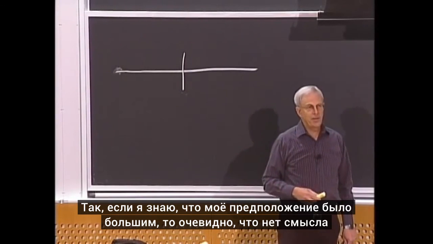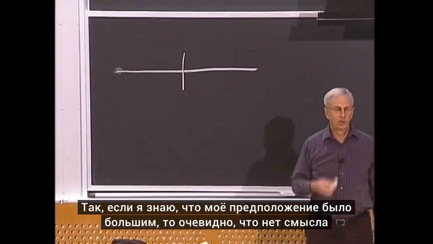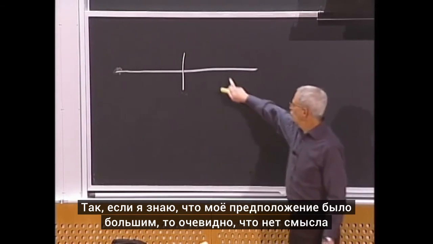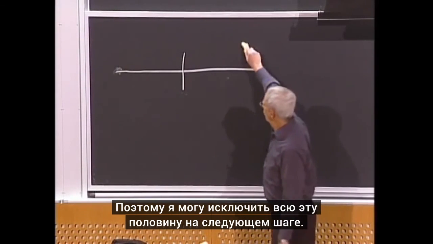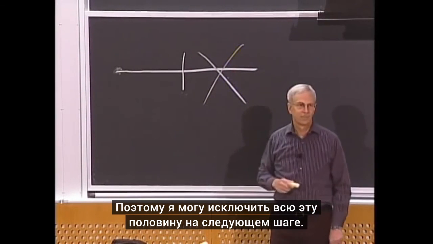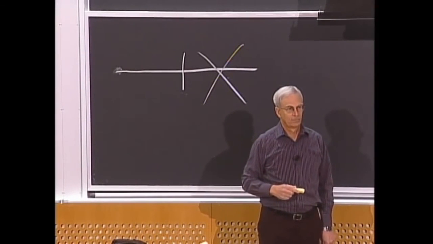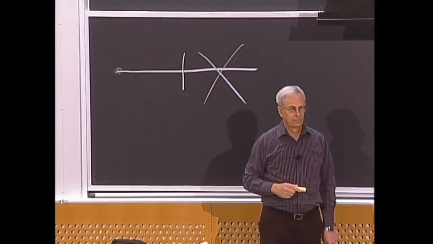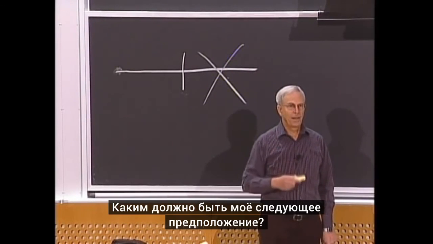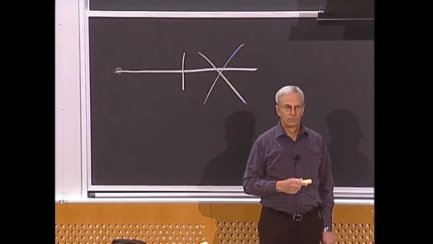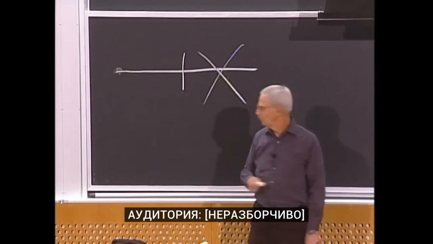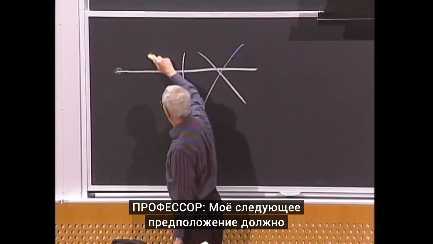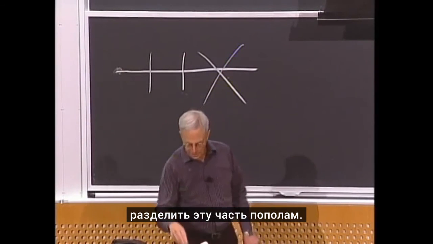So if I knew that my guess was too big, then I know there's no point in looking over here for my next guess. So I can get rid of this whole half in one step. Now, what should my next guess be? My next guess should be halfway through there.